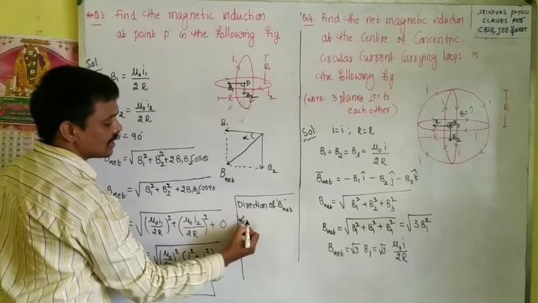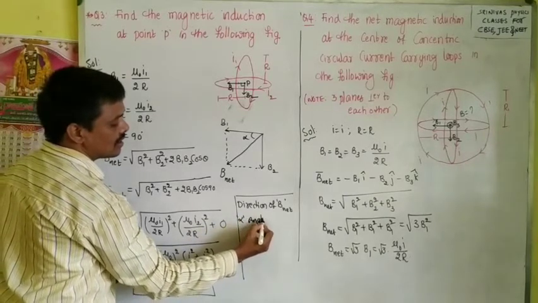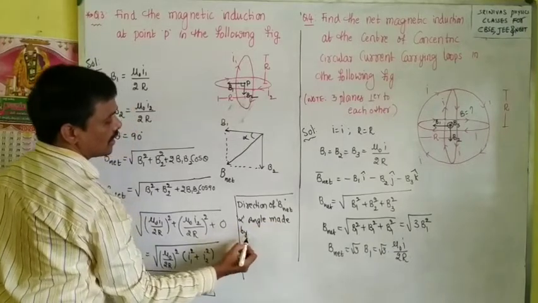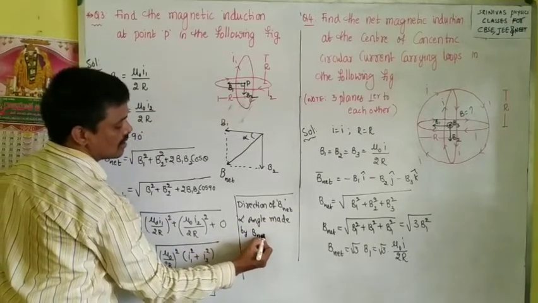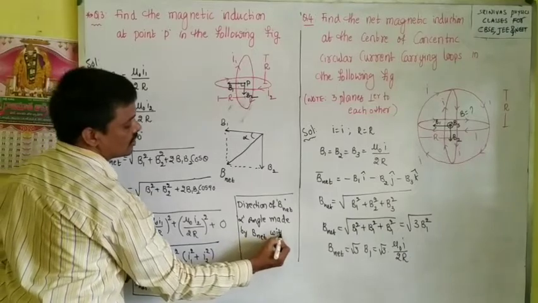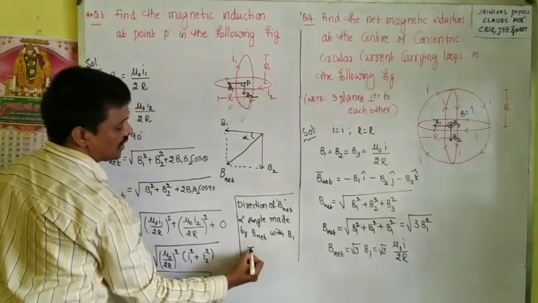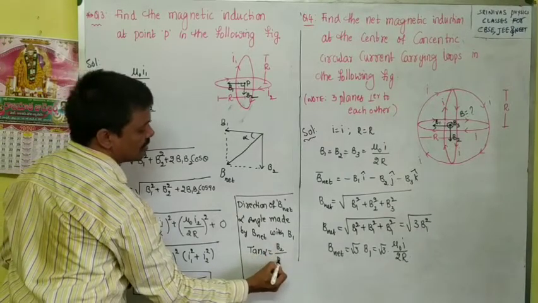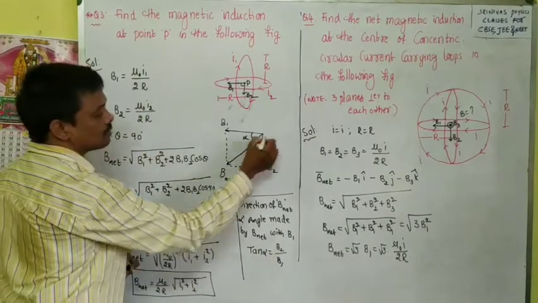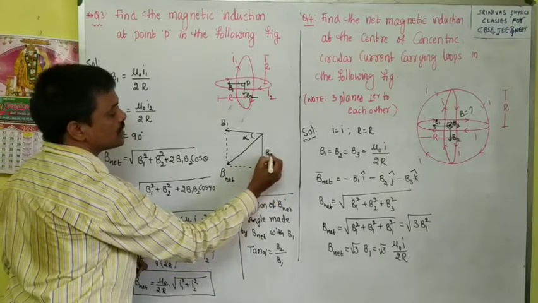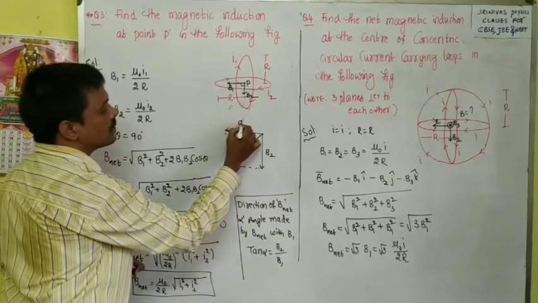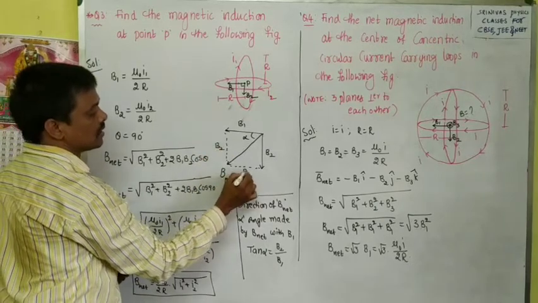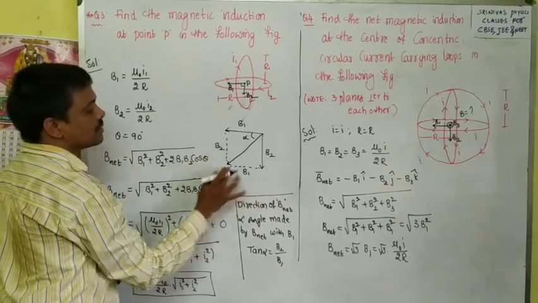Alpha is the angle made by B net with B1. Then what do we write for tan alpha? Tan alpha equals B2 by B1. This is B2, this is also B2, opposite sides are equal, this is B1, and this is B net.